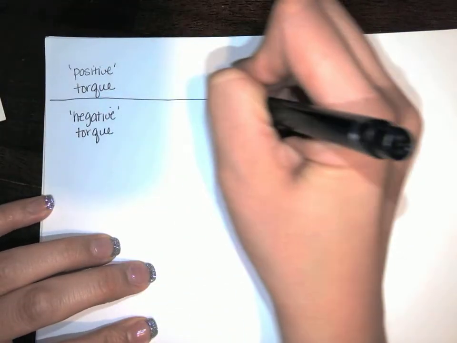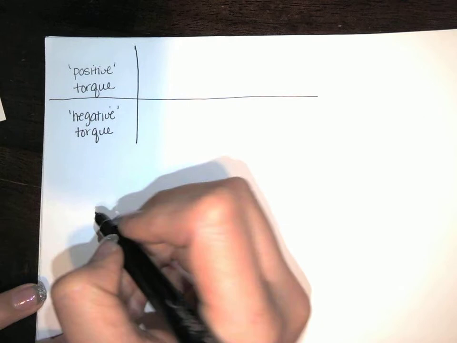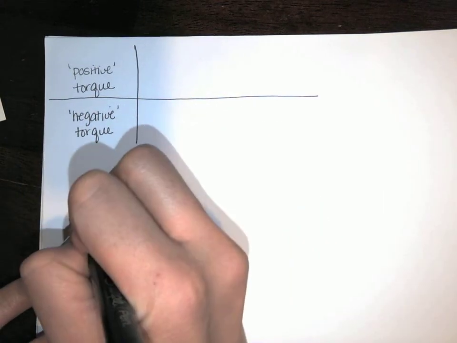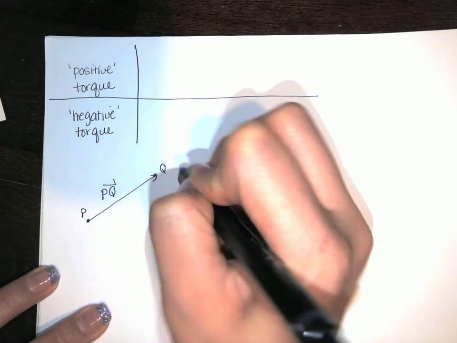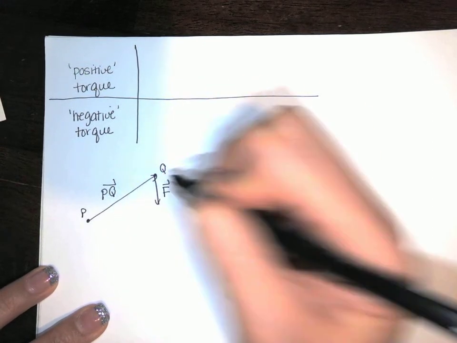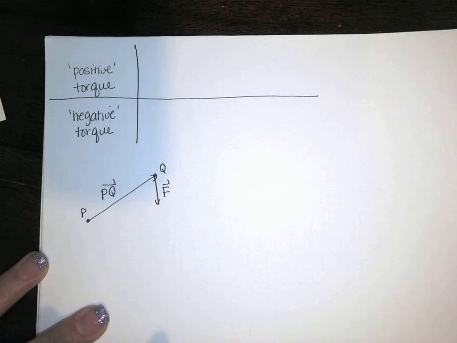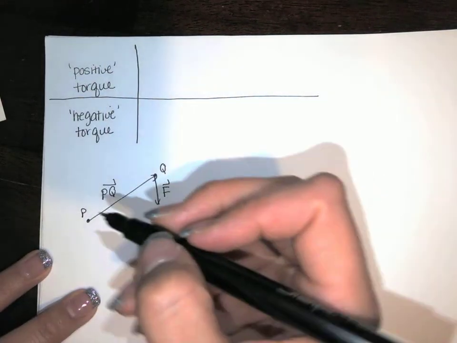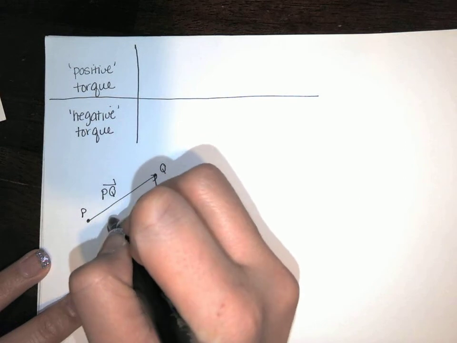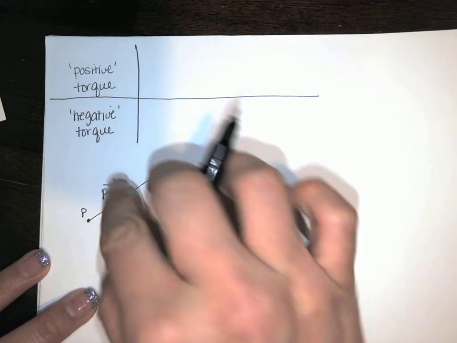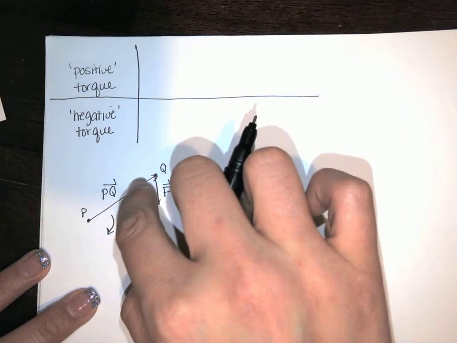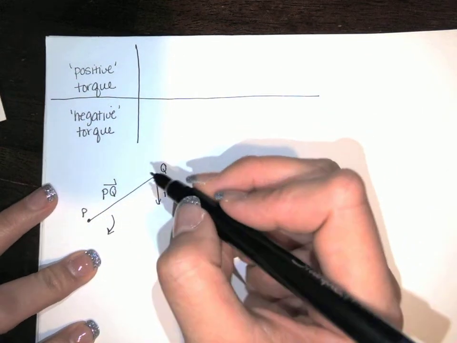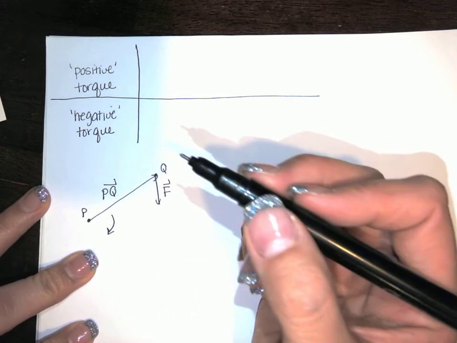Well, what they mean is, if I take this vector PQ, which starts at a fixed point P and ends at Q, and I apply some force F to it, that PQ and F form a plane. We're going to say that the torque is negative if that rotation about P is clockwise.